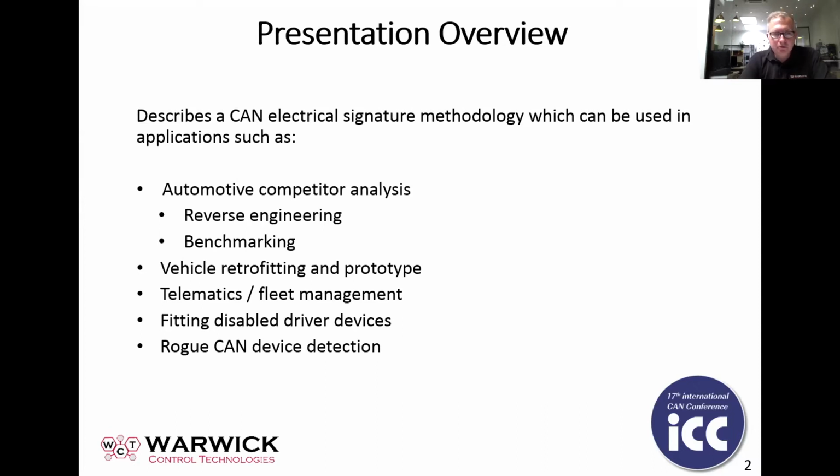There are also situations where you might fit additional systems to the vehicle, such as for disabled drivers. And then finally, you might want to work out if there's a rogue device on the system.